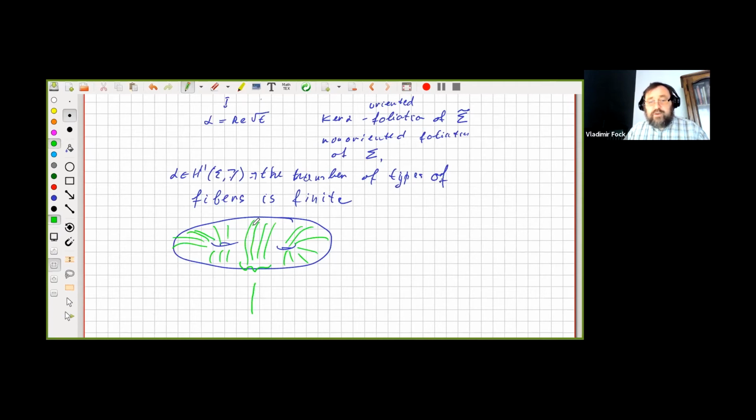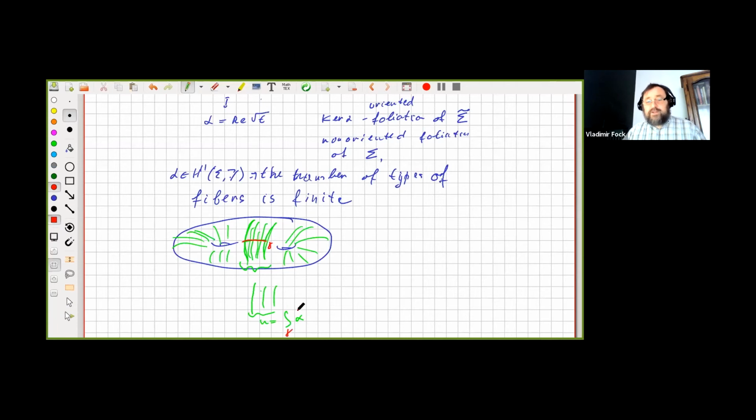You have the leftmost fiber of the given topological type and the rightmost fiber of that type, and you replace this continuous family of fibers by finitely many fibers with weight n, where n is equal to the integral of your form alpha over this path gamma, which is a path transversal to these fibers.